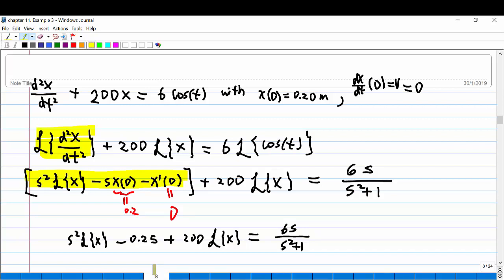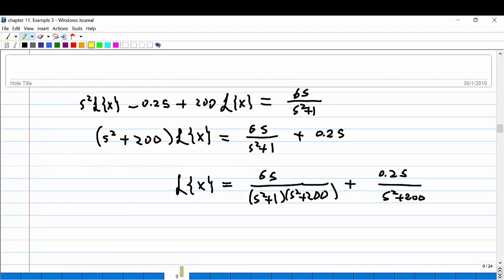Then you have s squared times the Laplace transform of x minus 0.2s plus 200 times the Laplace transform of x equal to 6s over s squared plus 1. Rearrange them: move 0.2s to the right hand side, and then group the Laplace transform of x here. Eventually, divide both sides by s squared plus 200. You get the Laplace transform of x equal to 6s over (s squared plus 1)(s squared plus 200) plus 0.2s over s squared plus 200.